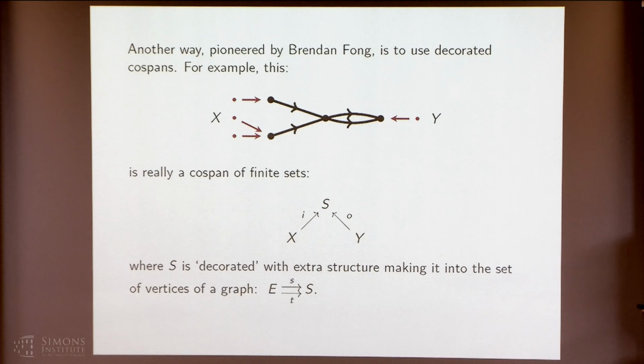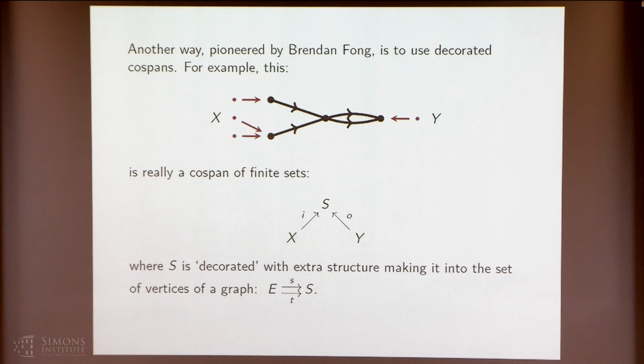So a cospan is just a diagram that looks like this, where you have two objects here, both mapping to the same object here. In this case, S is the set of all vertices of this graph, and I and O, for input and output, are the functions from these sets X and Y into S. So that would just so far be talking about the vertices and nothing about the edges.